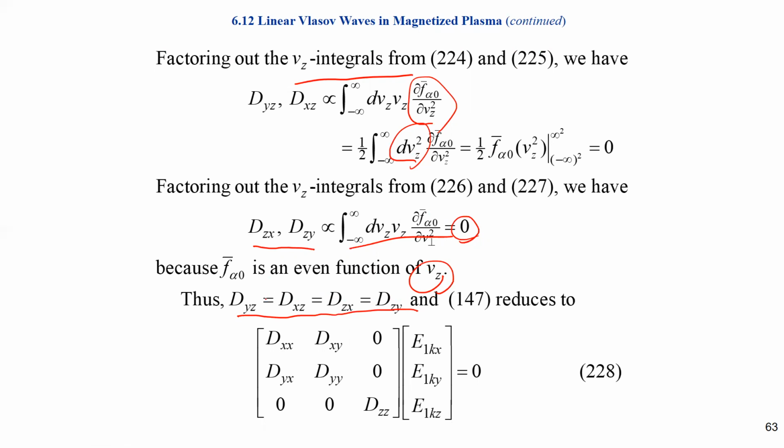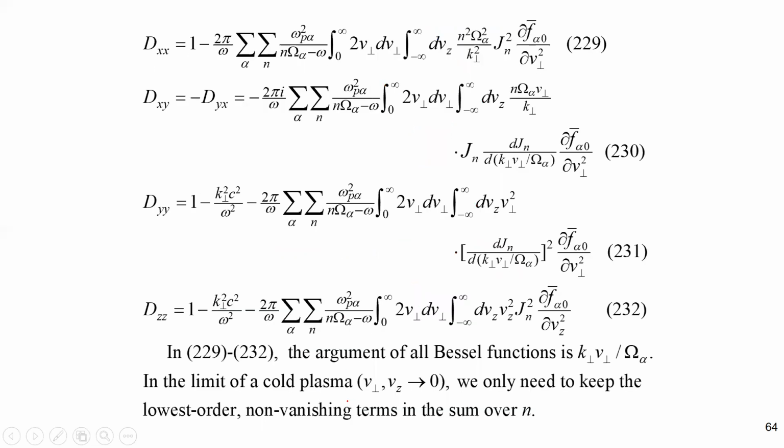So we have 9 components, and among them 4 are 0: 1, 2, 3, 4. Lucky, we can reduce our calculation into this form. The components are shown here: Dxx, Dxy, Dyx, Dyy, and Dzz. Quite similar.